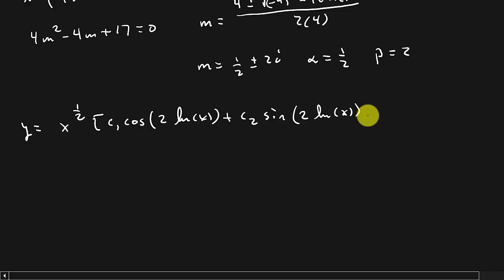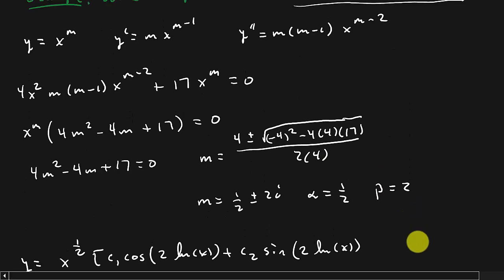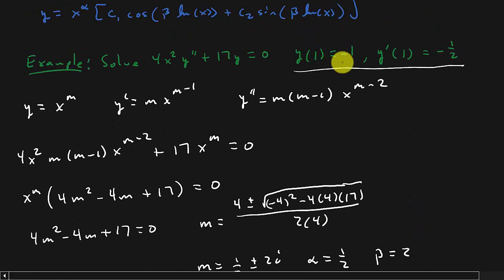All right, so now what do we have to do? Well, we've got our conditions. y of 1 is equal to negative 1, y prime of 1 is equal to negative 1/2.